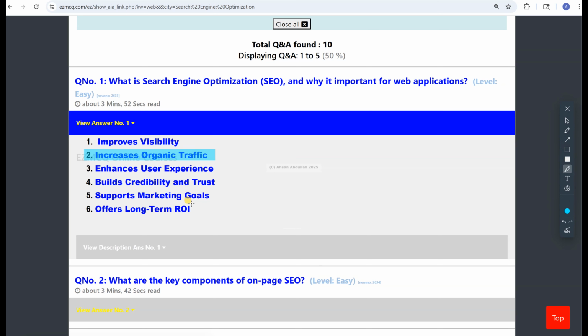Okay. And it is cost effective as compared to the paid channels, right? Because it is based upon the content, it's based upon the keywords, so it has a long term value, right? Why is it a long term value? Because it is not based upon that payment amount, and there are hundreds and thousands of users as a matter of fact, who are actually searching for the related information, the related products, and the related services.